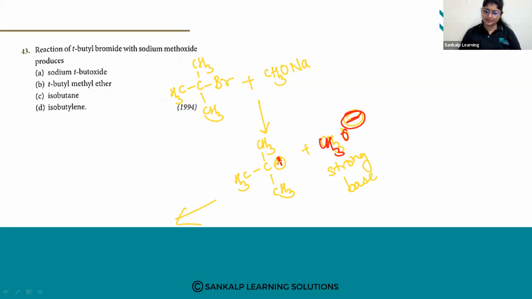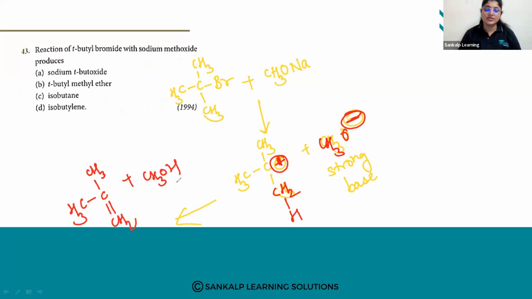This is a carbocation. So this strong base will abstract a hydrogen from this particular carbon and it will undergo rearrangement. The product you obtain will be CH3 and CH2, plus CH3OH. So this is the answer.